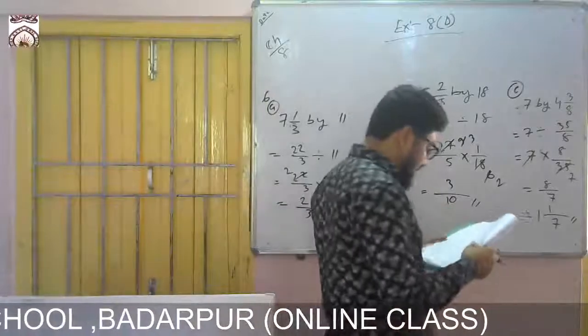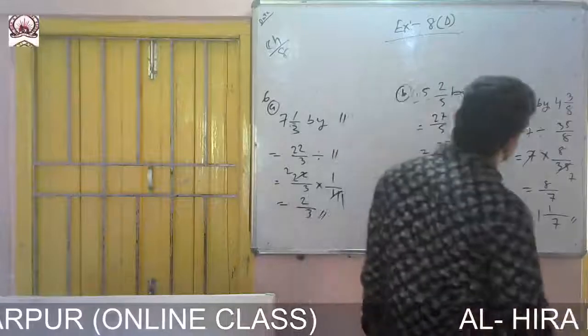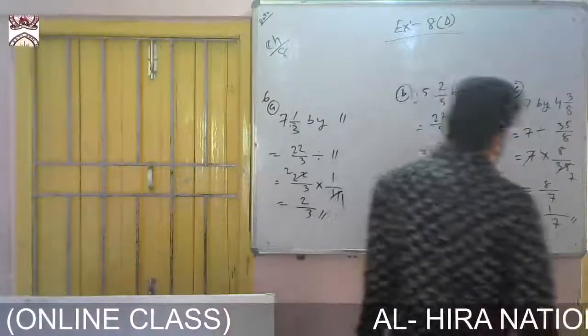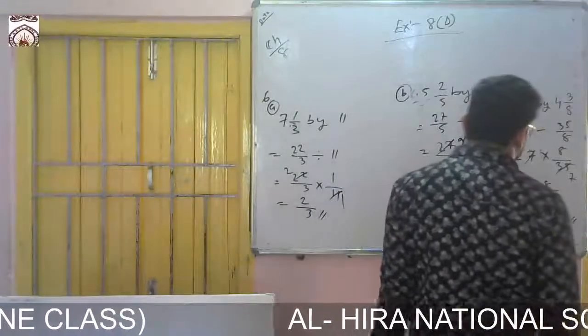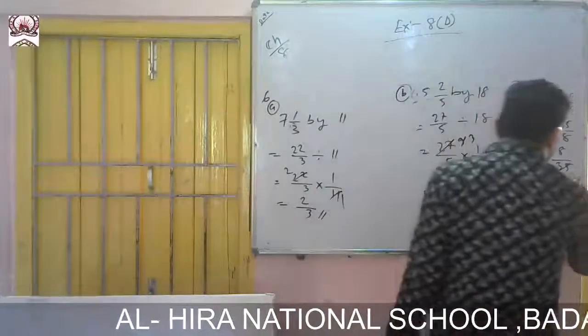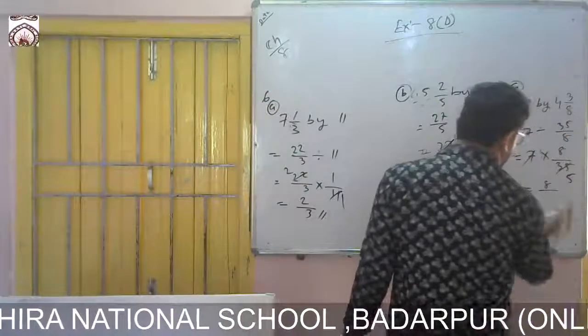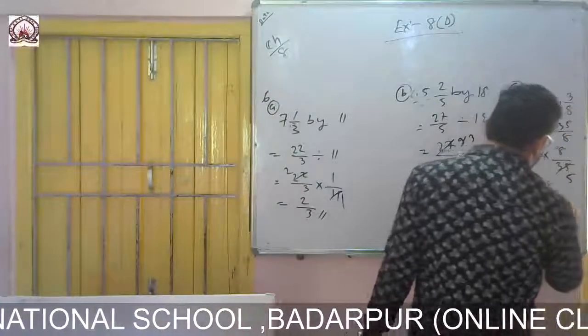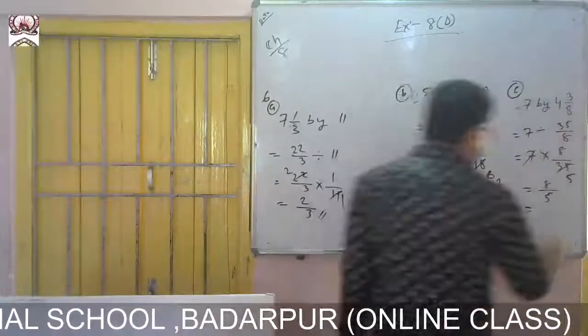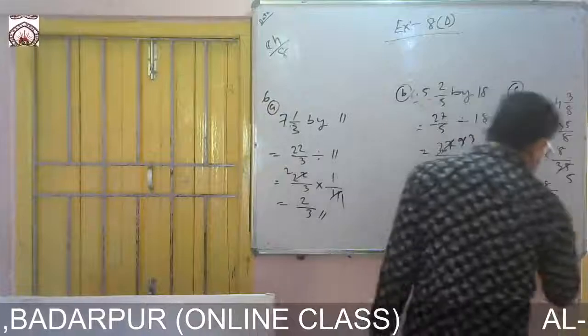Wait, question number 6. 7 by 4 3 by 8. Sorry, this one is 5. Okay, so if I divide by 5, then 5 1s are 5, 5 2s are 10.